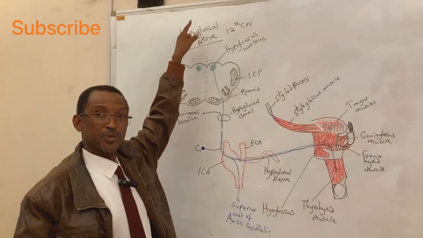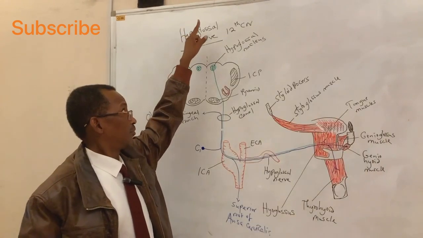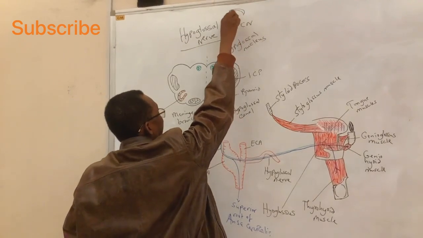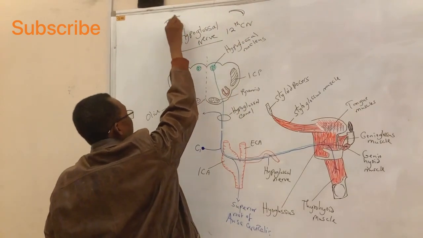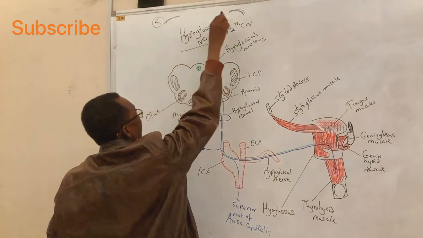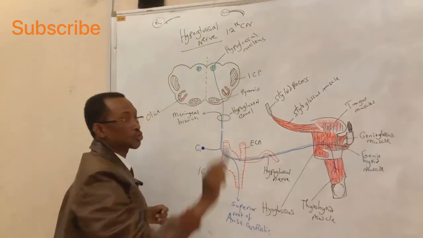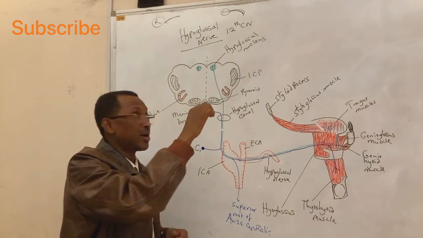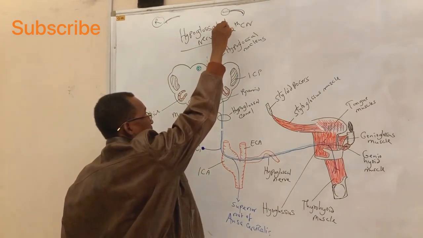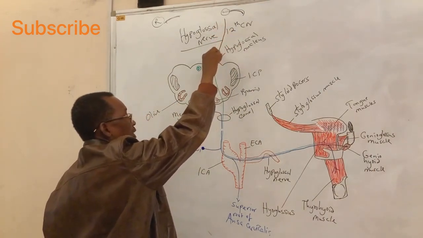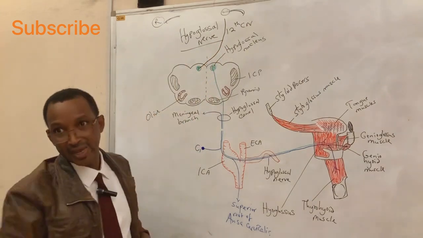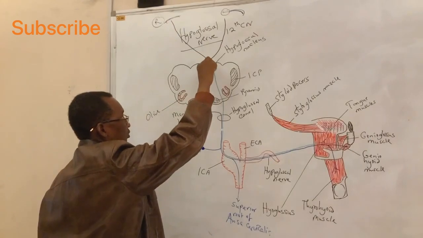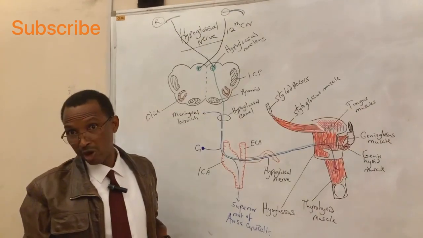These cortical fibers from the cortex, if this is the cortex of the right side here, and this is right, and this is left, if these corticobulbar fibers go to the hypoglossal nerve, they come from above like this. So they crisscross to the opposite side. So also this one from the right side crisscrosses to this side within the medulla oblongata.